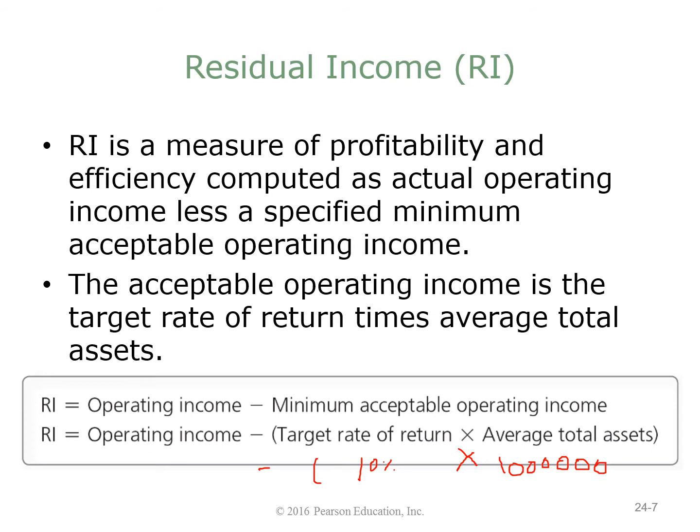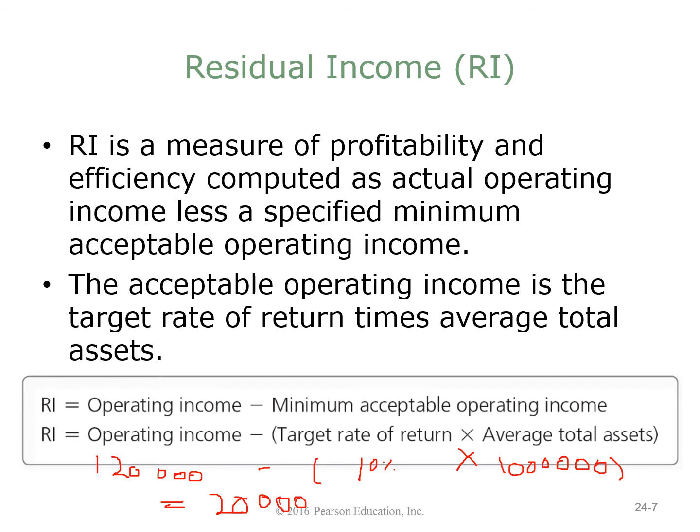So 120 minus 100 is 20,000. This is called the residual income, the income that has been achieved above the target rate of return by the investor.